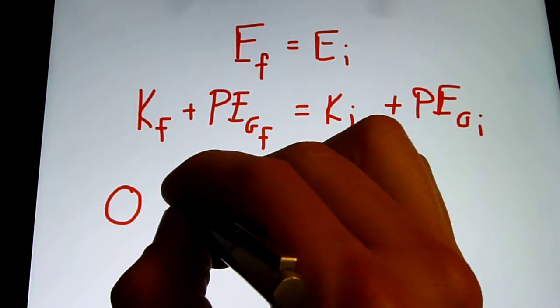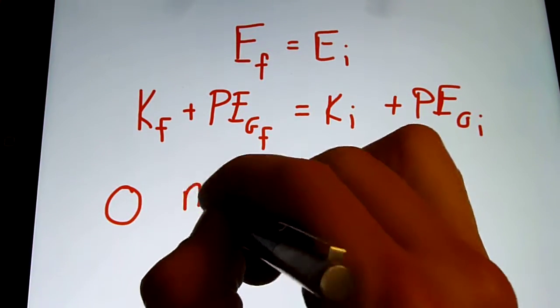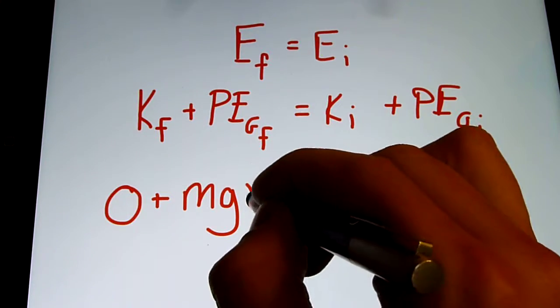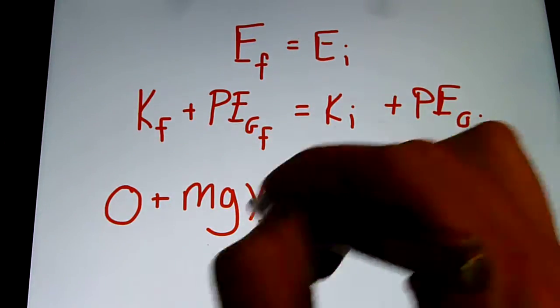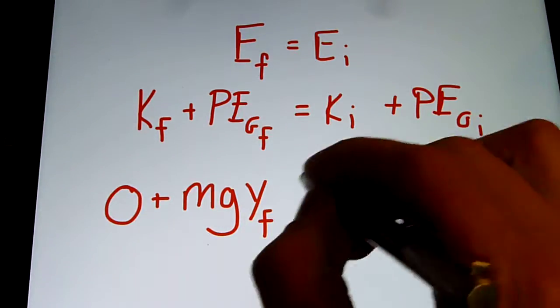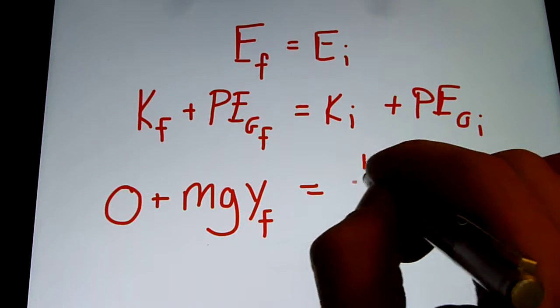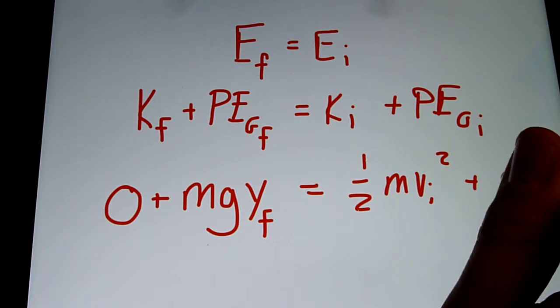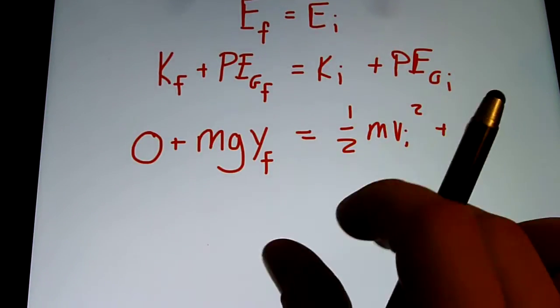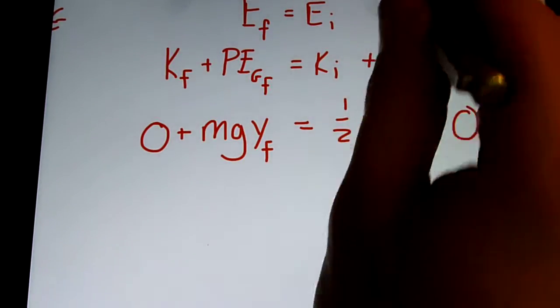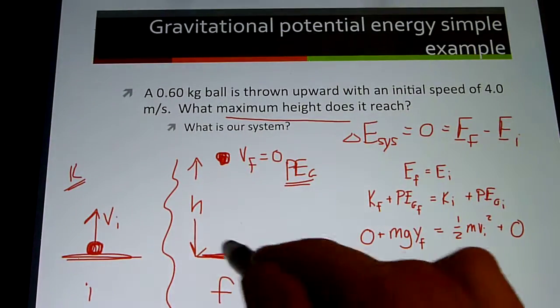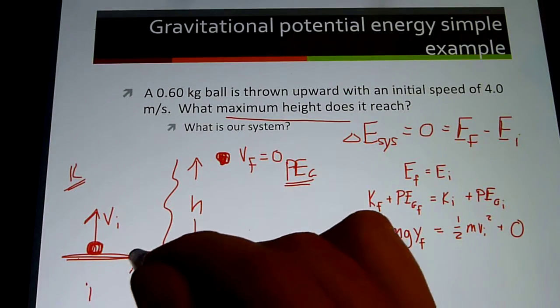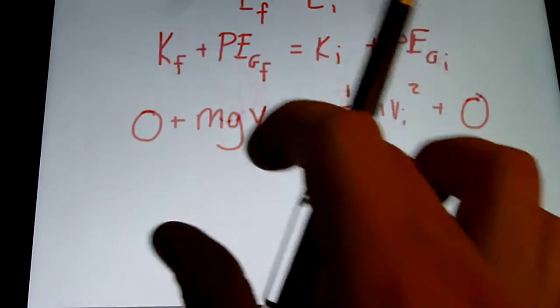My gravitational potential energy final is m times g times y final, or I called it height h, but that really doesn't matter. My kinetic energy initial is 1/2 m v initial squared. My initial gravitational potential energy is 0 because I'm starting at the ground, right? I'm saying that I start at height of 0, y equals 0 over here as well.